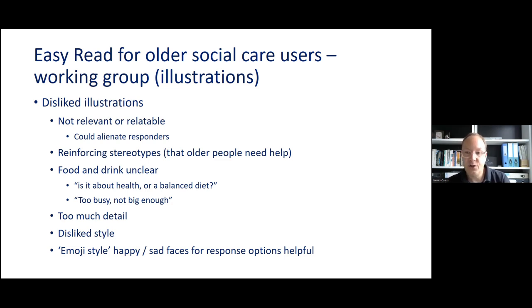The illustration just needs to help the respondent understand what the question is about, what the question domain is, without necessarily showing that people need help with that activity, even though some people will and do, clearly. So that image was changed, and we've got an image of someone washing in a shower without help, which I think you'll see later.